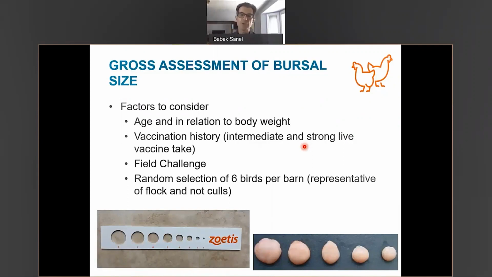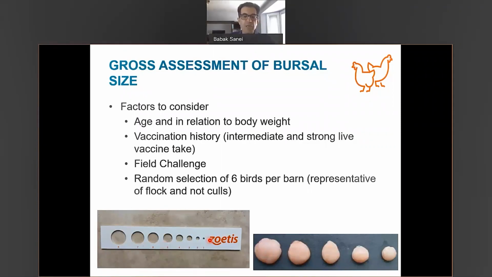And then one thing you could do is present the bursa, which is at the rear end of the bird, and these are the bursas from different birds. And you could actually see the sizes. So these are all from the same flock. You see one as small as this one on the right side, and then you have one as big as this one on the left side.